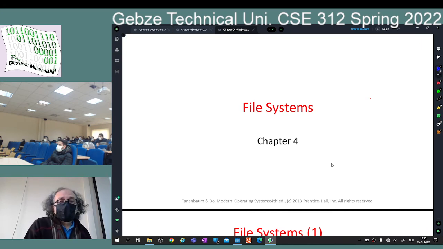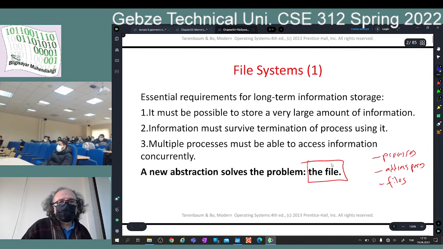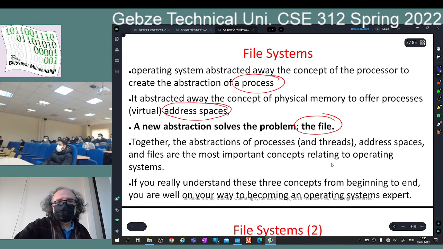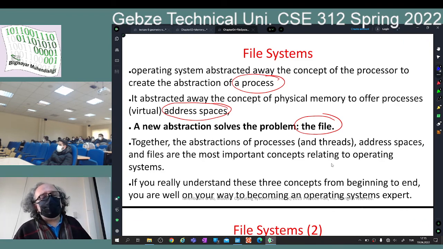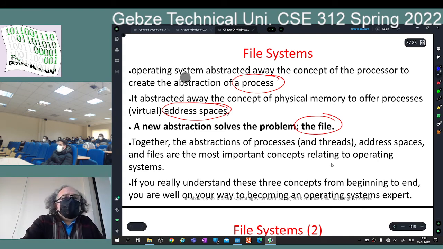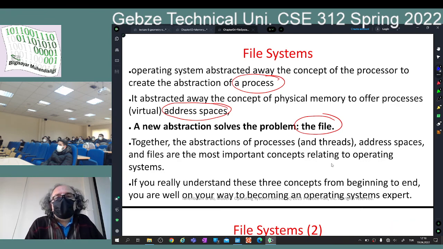Okay. So far we have looked at these concepts in this course. We abstracted away the concept of processor and used the abstraction of the process.